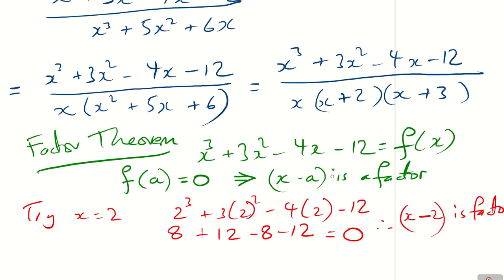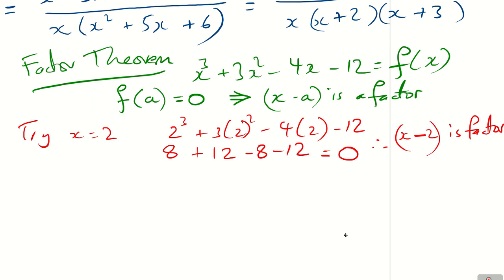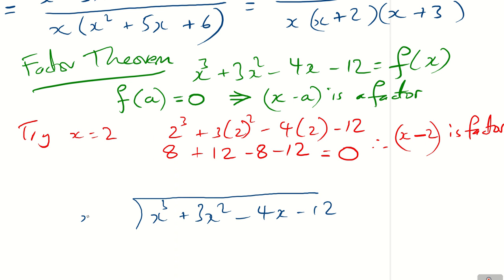Now to find the others, we're going to have to do something which you might not have seen yet, but which you will do when you start the A-level maths program proper. We're going to divide our f of x, x cubed plus 3x squared minus 4x minus 12, by x minus 2, and that should give us a whole expression at the top which we might be able to factorise further.